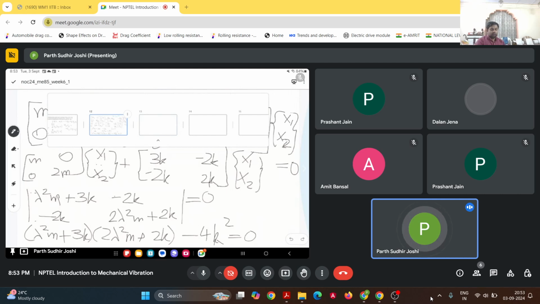Now we have to expand this and simplify to get the fourth order equation.